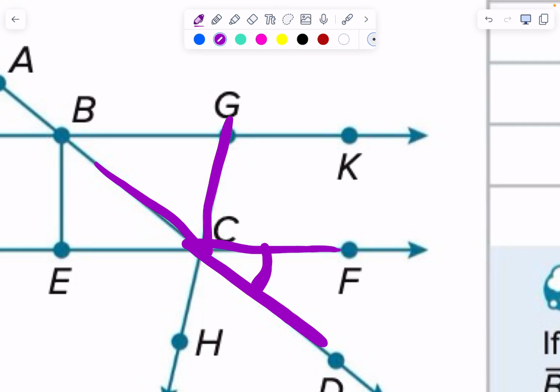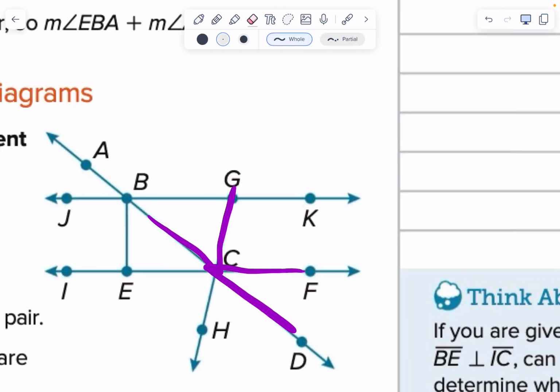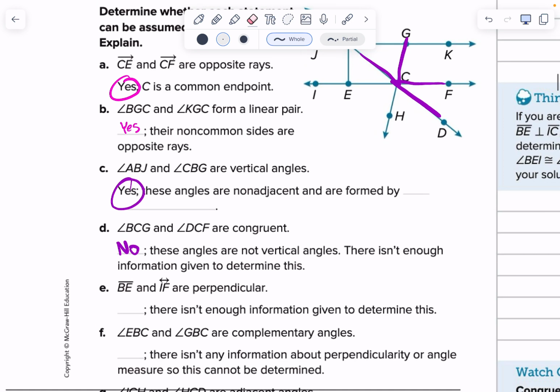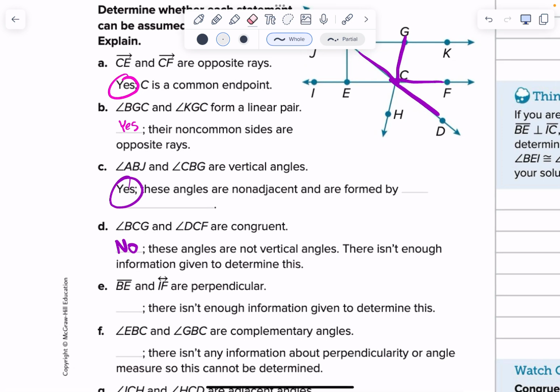No, these angles are not vertical angles. There's not enough information given.